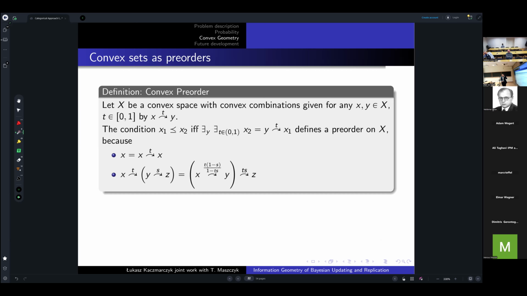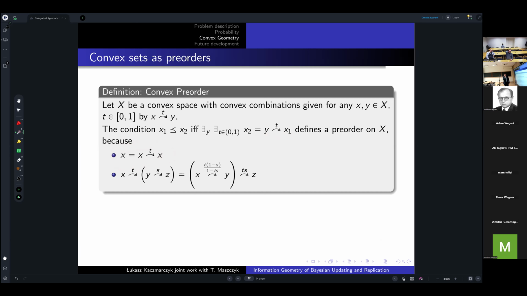The convex structure also provides us with a certain preorder, the preorder of possibly lying in between, i.e. x2 is called bigger or equal than x1 if there exists some point y such that x2 is an inner point of the interval connecting y with x1. It is only a preorder.